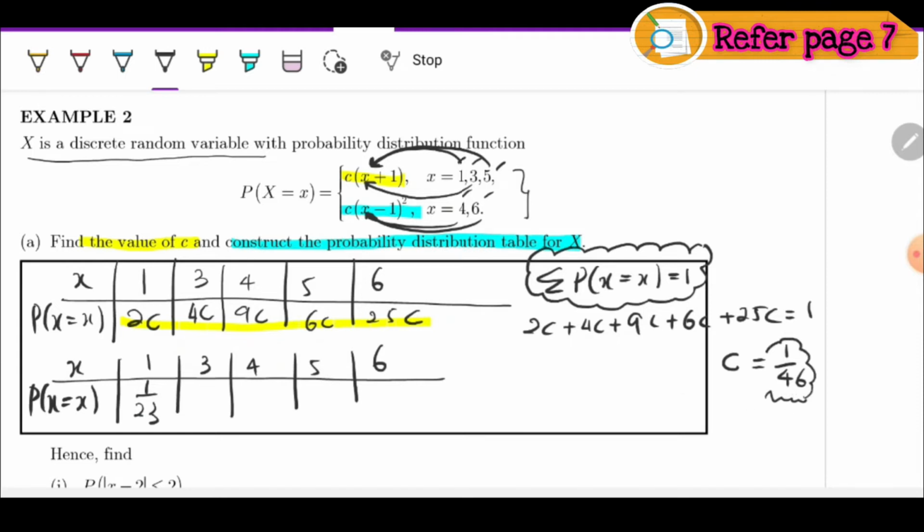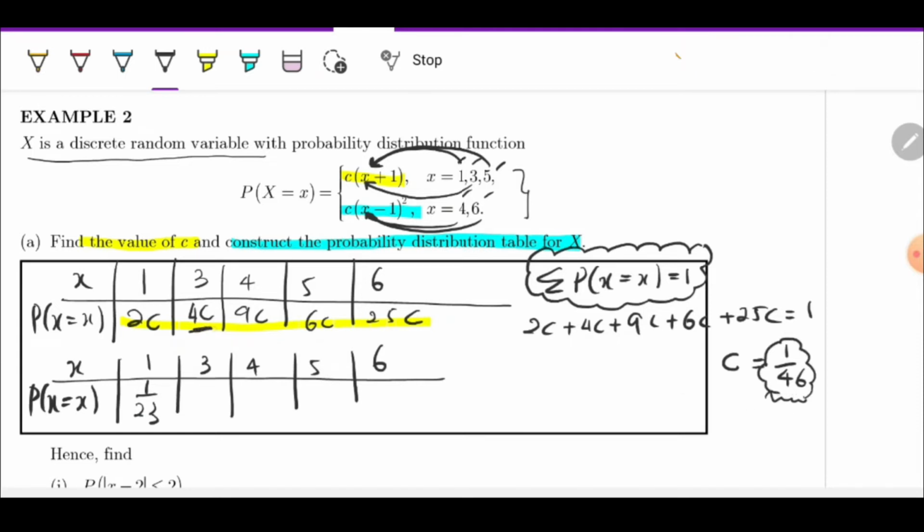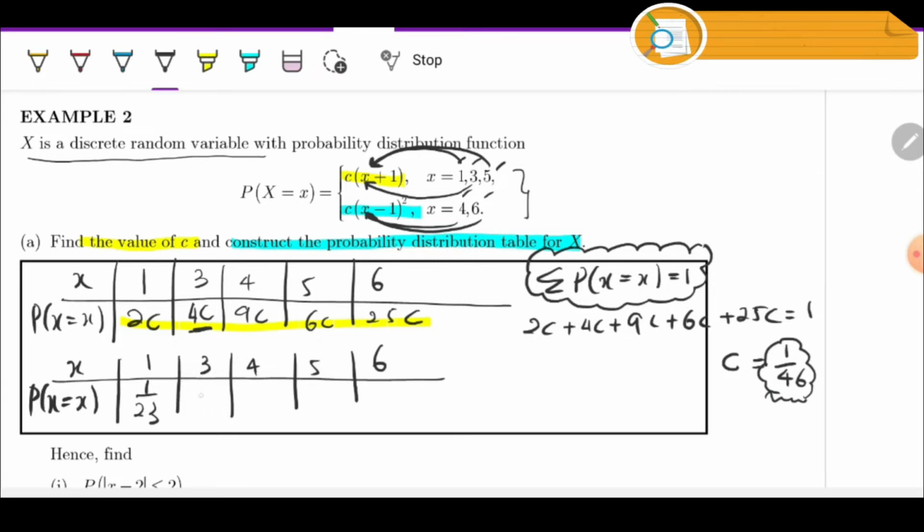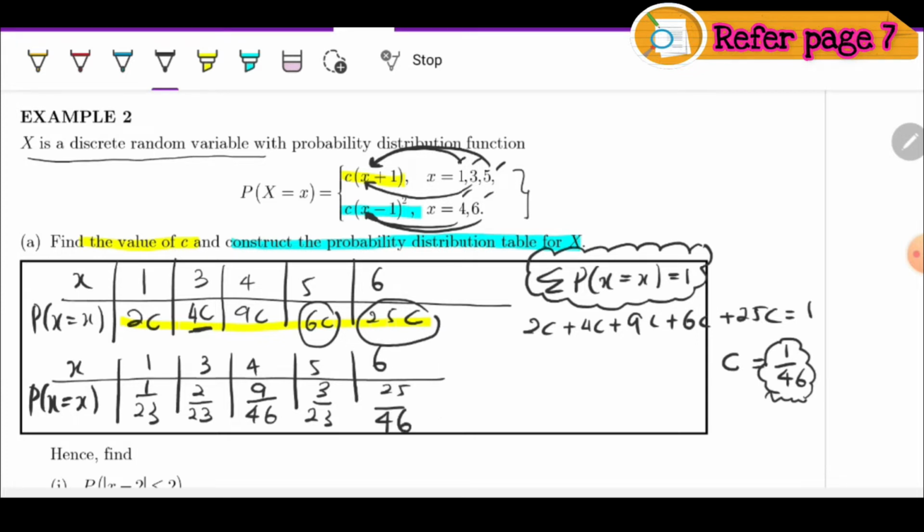Substituting c equals 1 over 46 times 4, we get 2 over 23. And then we get 9 over 46. For 6 times c, which is 1 over 46, we get 3 over 23. And finally, 25 times c, we get 25 over 46.